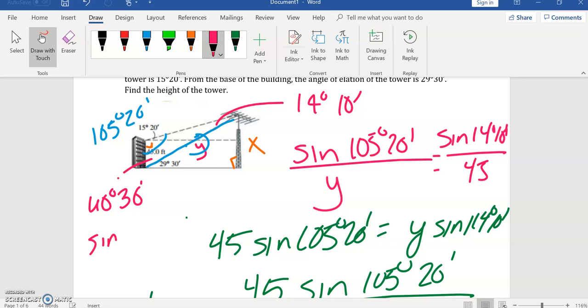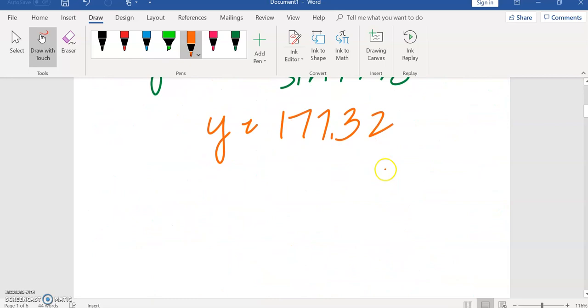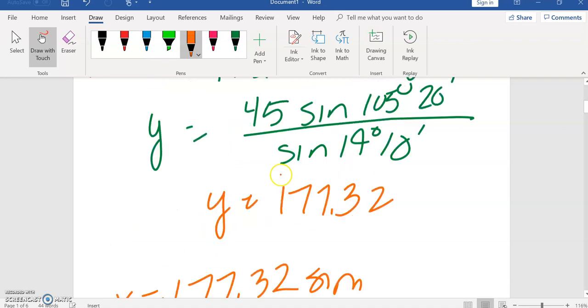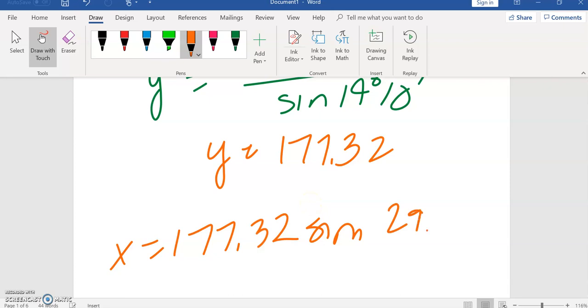The sine of 29.5 degrees equals opposite x over hypotenuse, which is 177.32. So then x is going to be 177.32 times the sine of 29.5 degrees, or 29 degrees, 30 minutes.